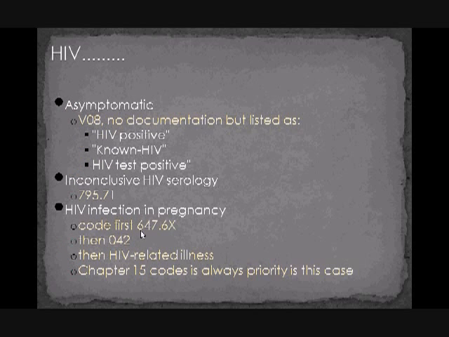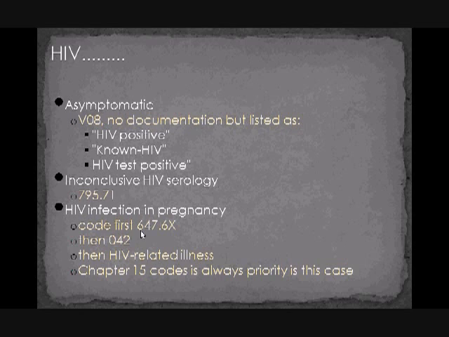Now, if the person is not HIV positive, if the person does not have the related symptoms when the person comes in, this person is categorized as being asymptomatic, meaning without symptoms. So when a person is without symptoms, what we do is give this individual a V08 code, a V code.